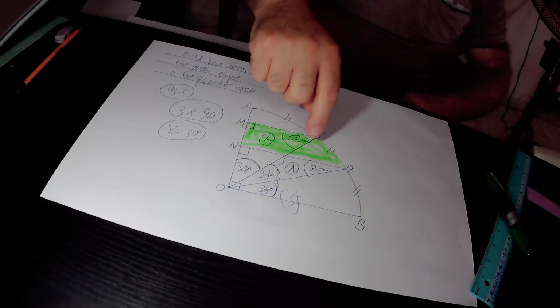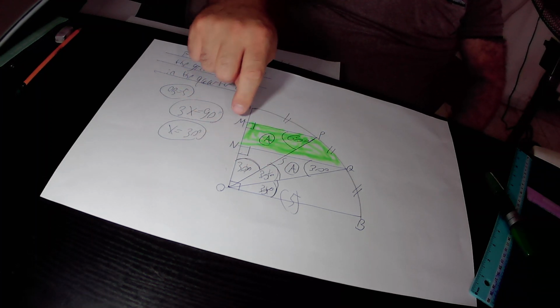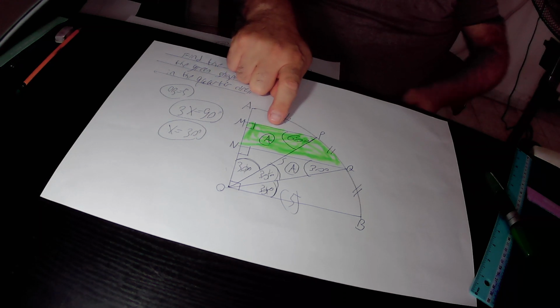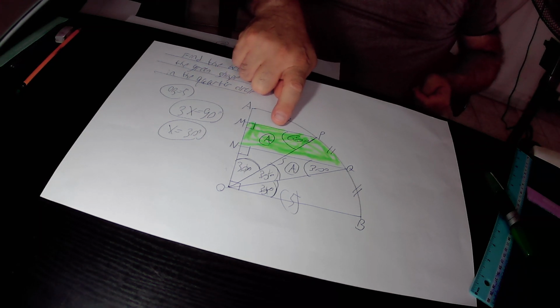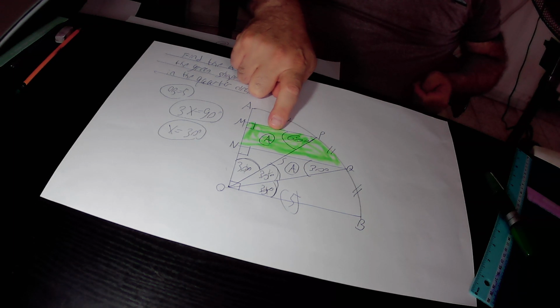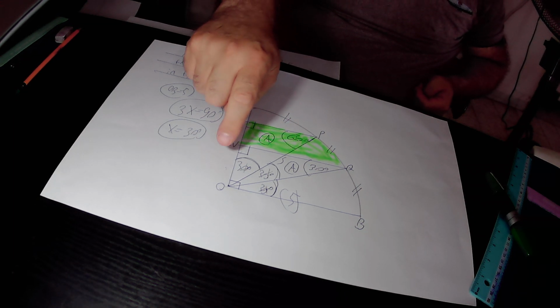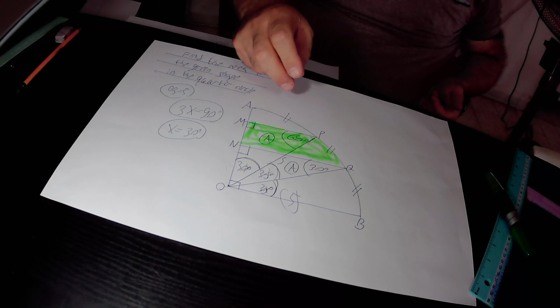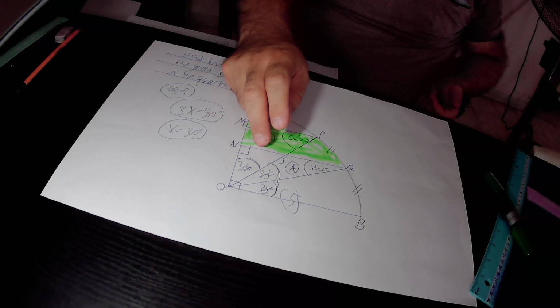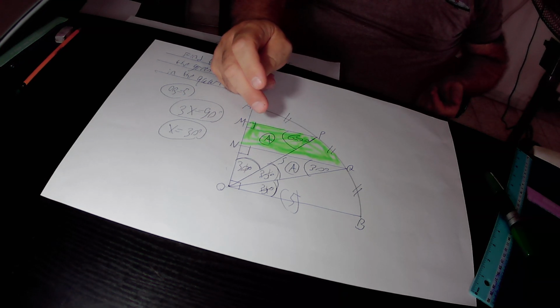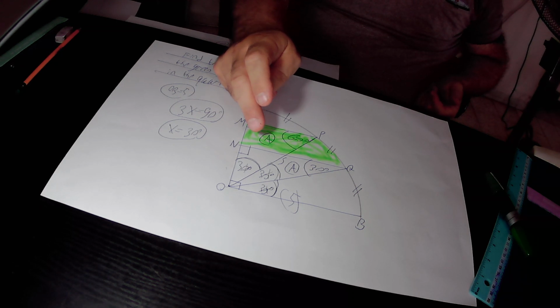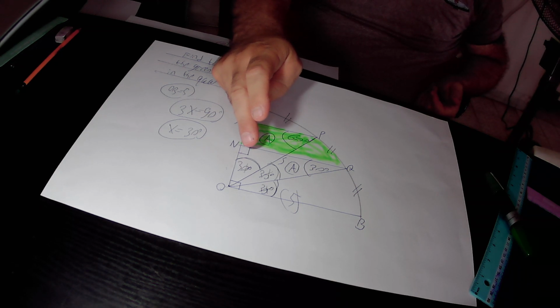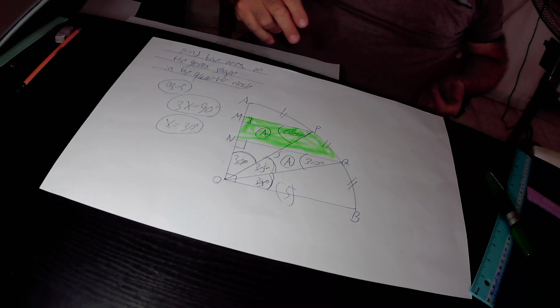This is the right triangle MPO. The right triangle MPO consists of the green quadrilateral MNSP, and it also consists of the small right triangle NOS. Therefore, the area of the right triangle MPO must be equal to the sum of the areas of the quadrilateral MNSP and the small triangle NSO that it consists of.